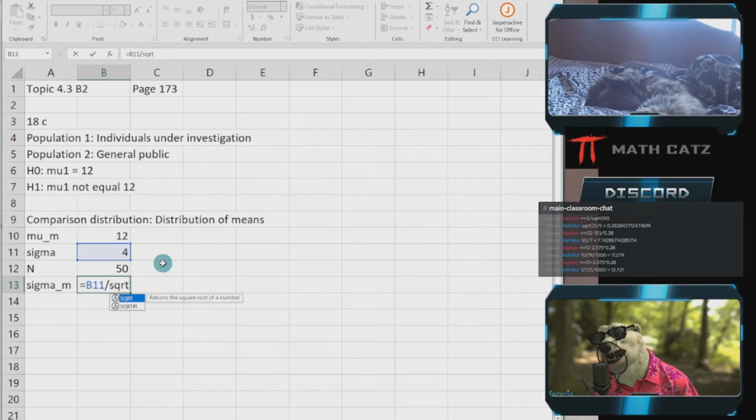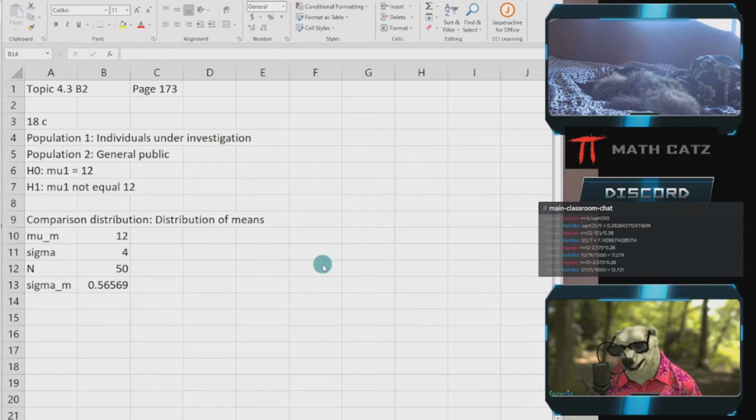And you see here that Excel notices or guesses what you want. For simple functions, I don't have to use the insert function. Once I get used to them, capital doesn't matter. Square root of n, like so.